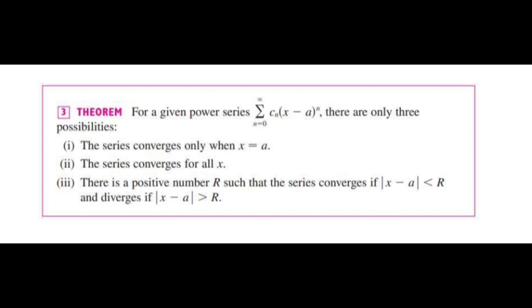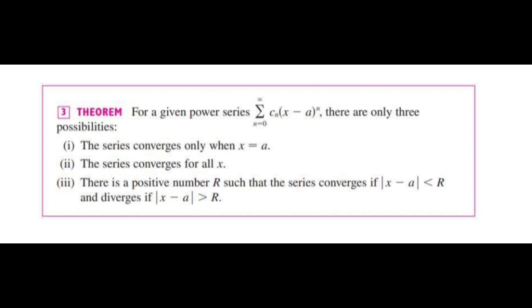This interval is always centered at x equal to a. The radius of convergence, which is the r, is half the length of this interval. It can be a non-negative number, where r is greater than or equal to 0, or infinity.